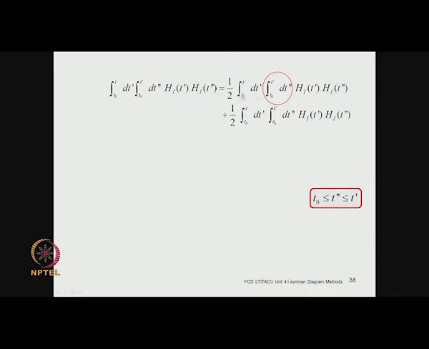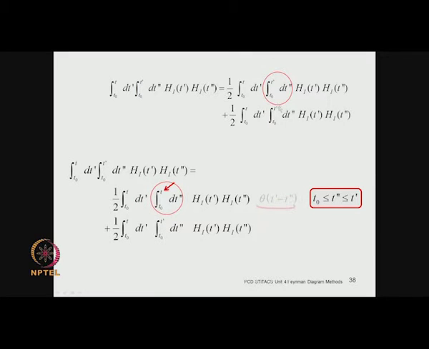Let us write. So, there are two terms on the right side, and the first term I write using the Heaviside step function, and what it will let me do is allow me to take this upper limit t prime to t, because I do know that I have to carry out another integration over t prime which must go from t0 to t, right. So, this limit will have to be stretched all the way up to t.